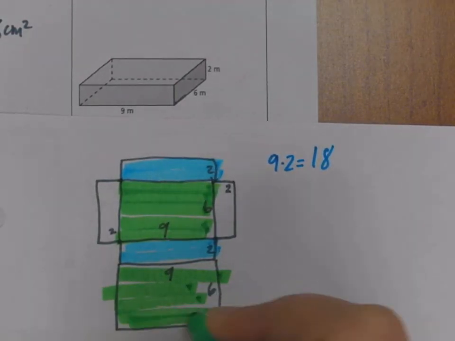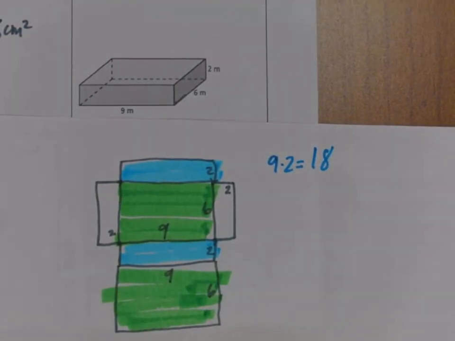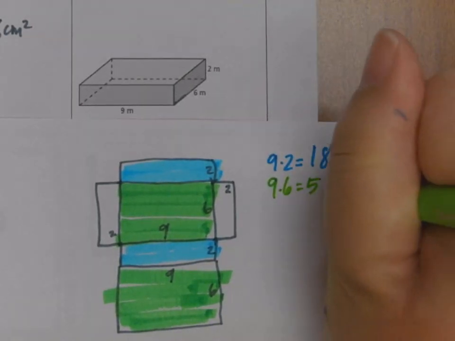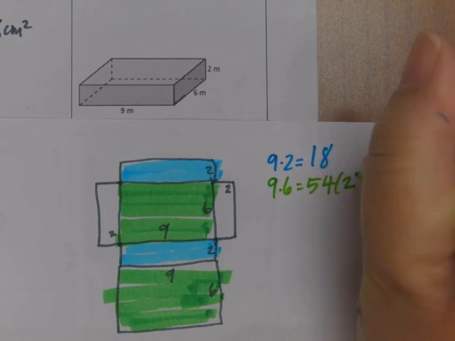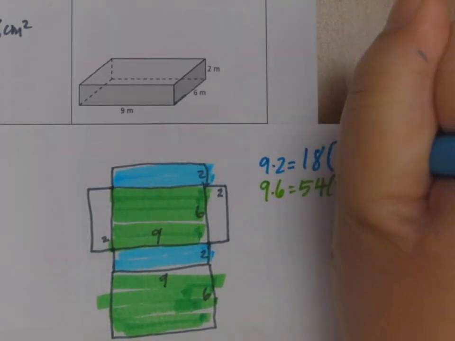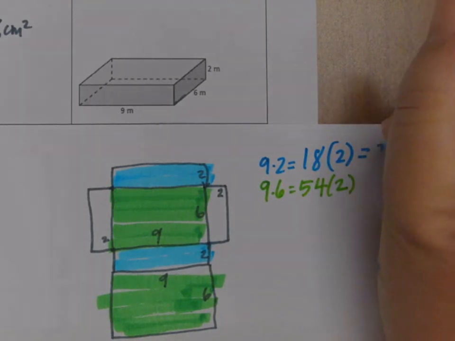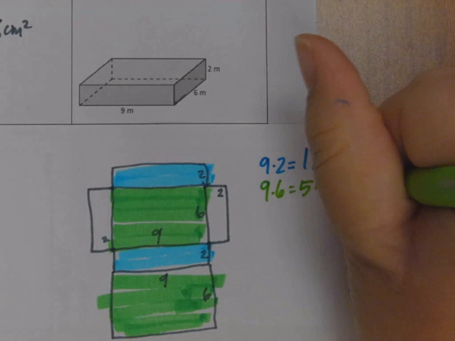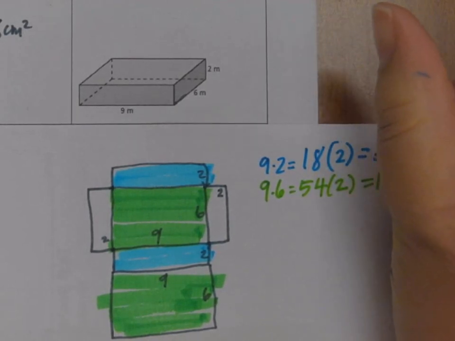So 9 times 6, and you can use a calculator if you need to. 9 times 6 equals 54. And 54 times 2, oh guys, I forgot to times the first one by 2. This is why you should always write it down and show your work. 18 times 2 is 36. And then 54 times 2 equals 108.